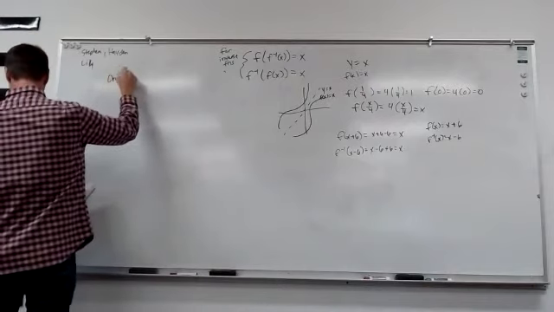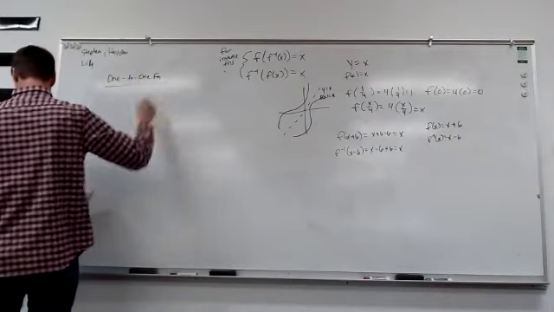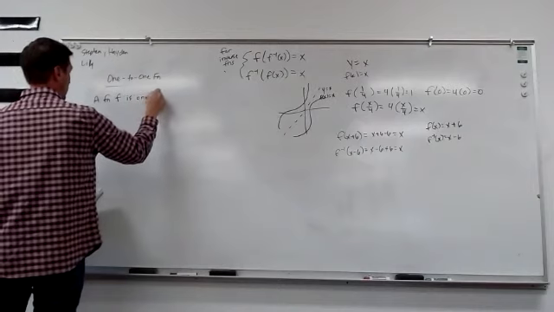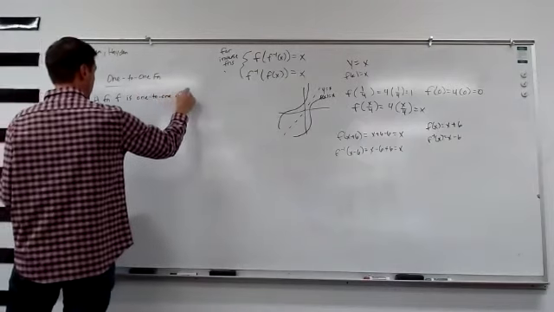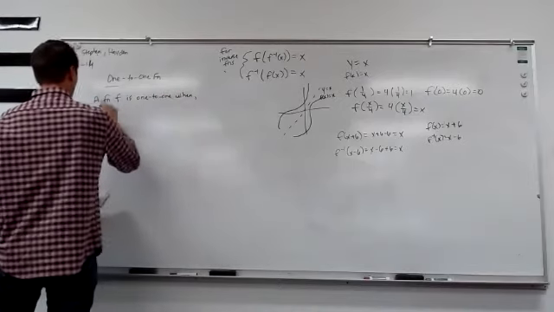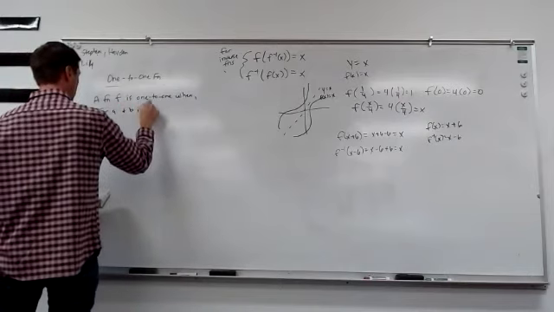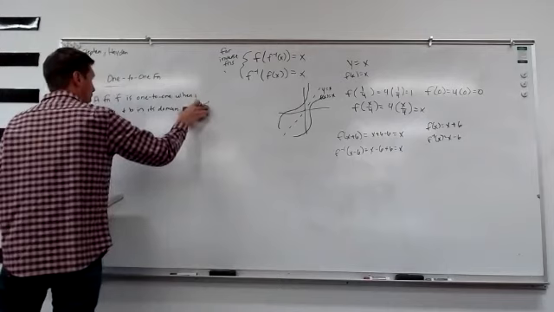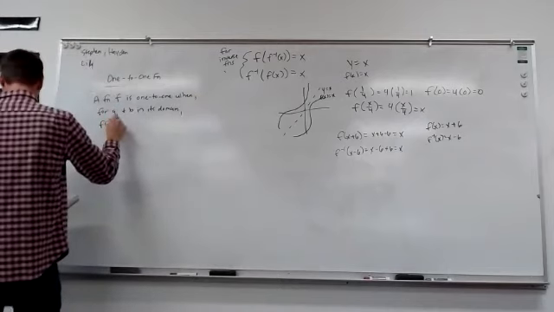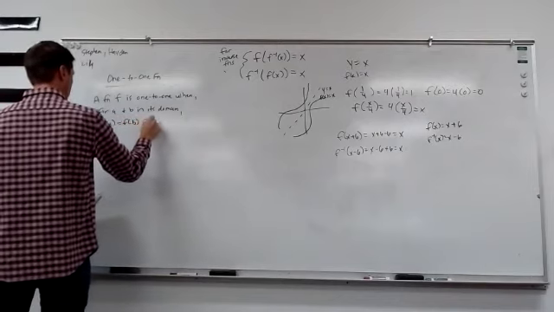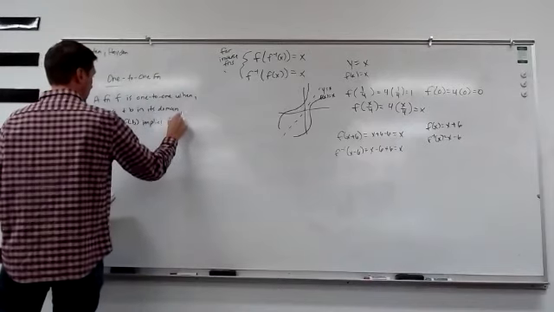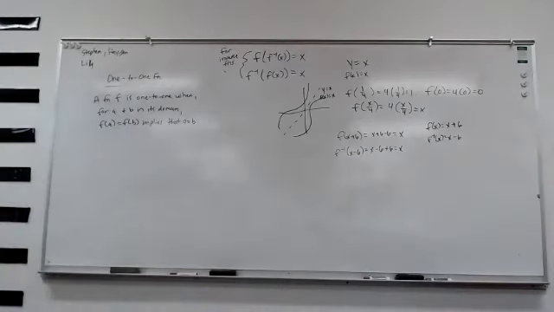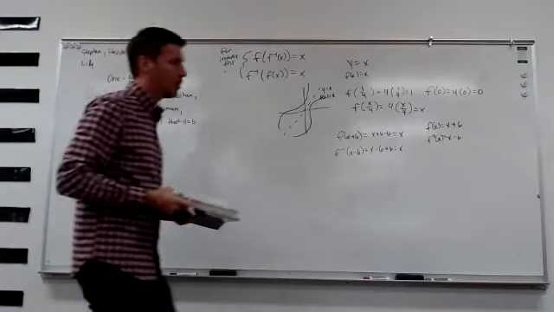So, a function f is one-to-one when, for A and B in its domain, f of A equals f of B implies that A equals B. So that's what one-to-one means.